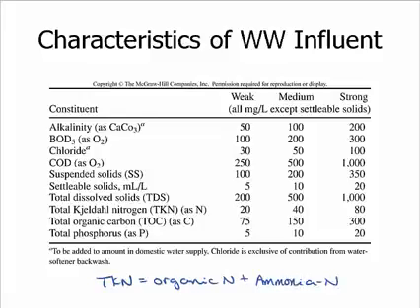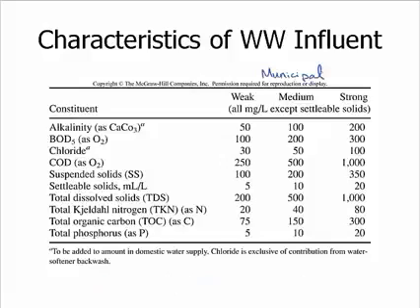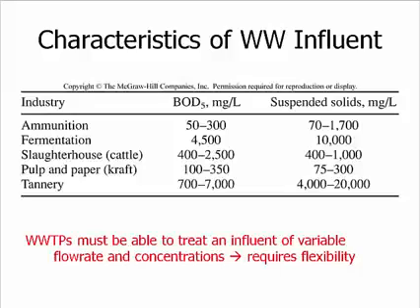And you'll see here that municipal wastewater varies weak to strong and that there's quite a bit of variation across these. On the next slide, you'll see different industrial wastewaters listed here.